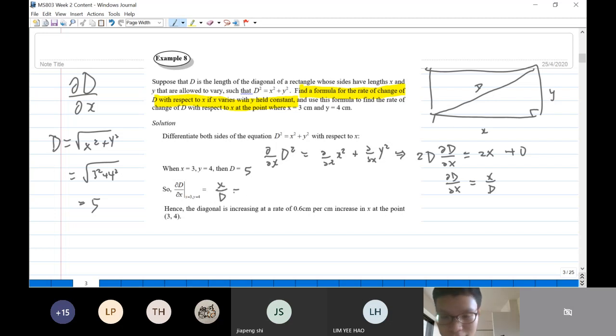Where x is equal to 3 and d equal to 5, so 0.6 there. This is d in terms of maybe cm. Actually, not really in cm, just the rate of change only.